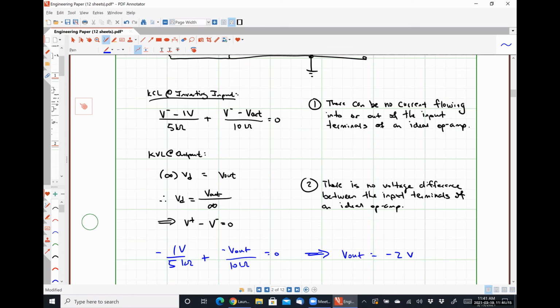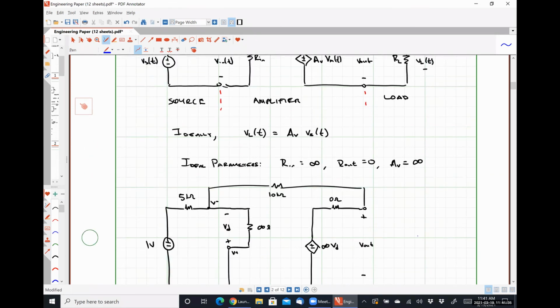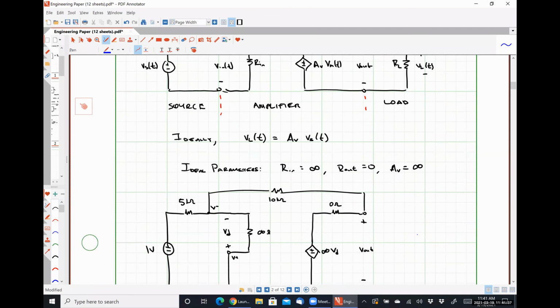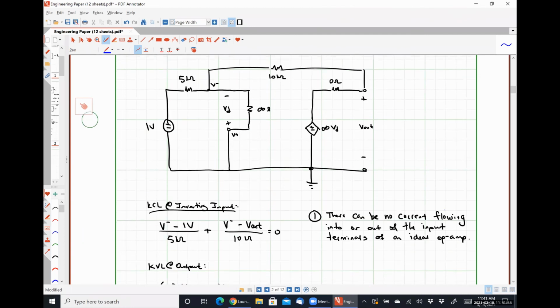All right. So for any negative feedback op amp circuit, and only negative feedback op amp circuits, unless you are told otherwise, treat it as if it were an ideal op amp circuit, because we can see that using practical values gave us answers extraordinarily close to what we would have gotten just using the ideal values.